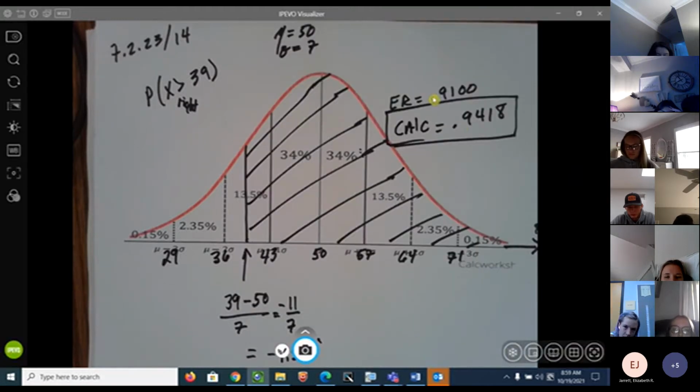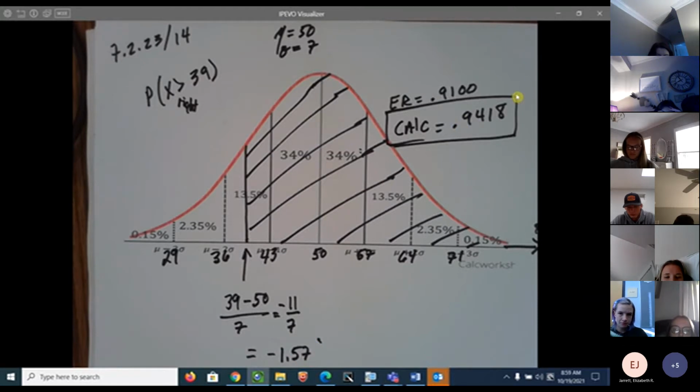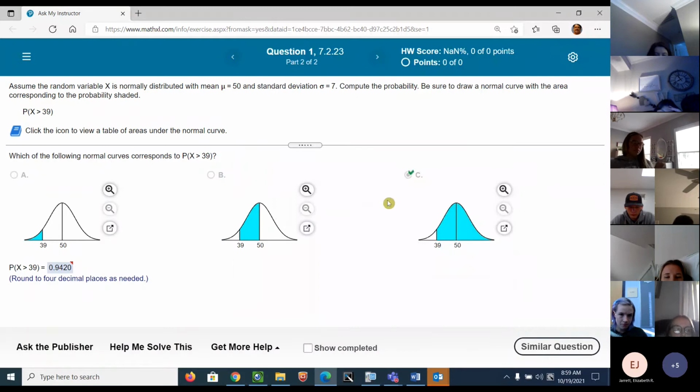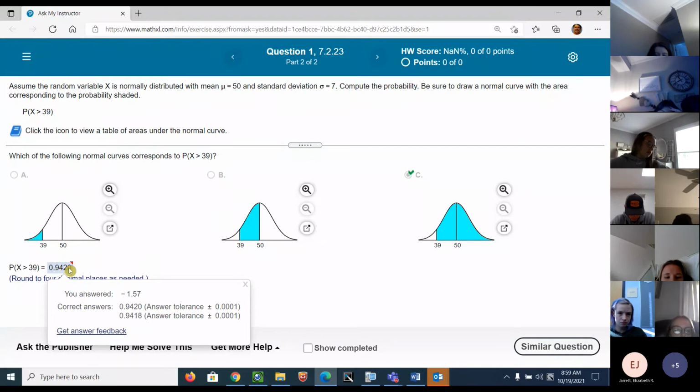So we're a little bit off, but the empirical rule is for estimation anyway. It's not for detailed answers. 0.9418. So it's this one right here, 0.94. They said round to the 4th decimal place, so 0.9418 is close enough.